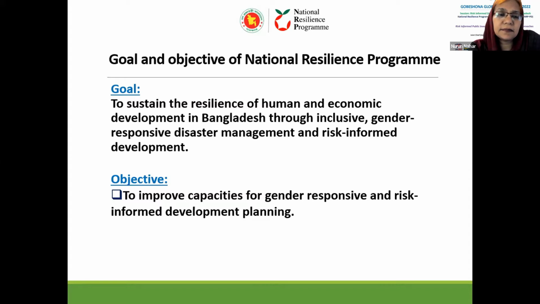In this integrated approach, the Programming Division's objective is to improve the capacities for gender-responsive and risk-informed development planning. Because the Planning Commission formulates the 5-year plans, and in accordance with them, we prepare the annual development programs, as you know, as a part of the national budget, and also the revised annual development program.